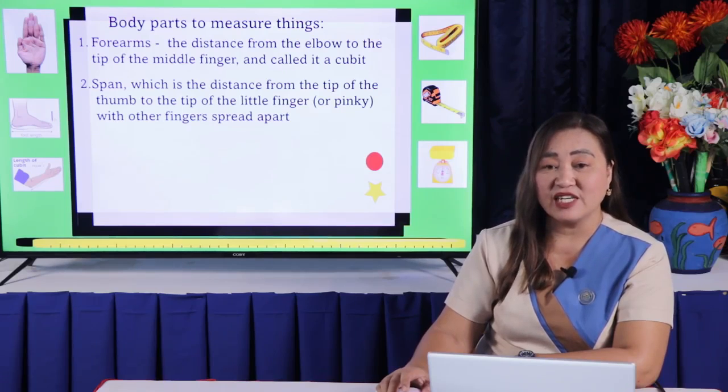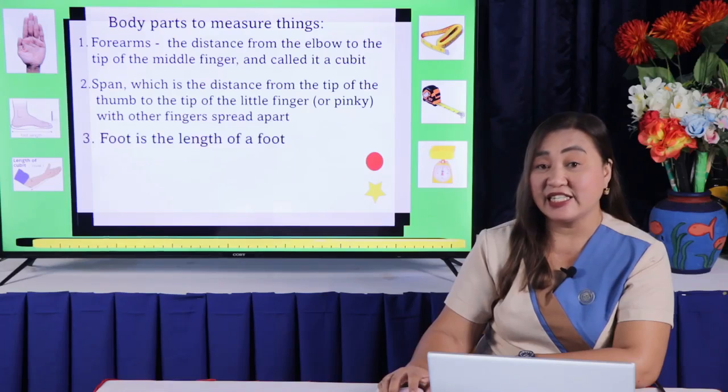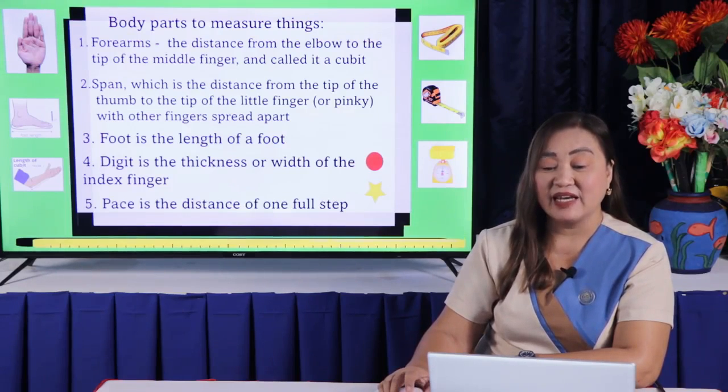The span was considered a half cubit, while the palm, the width of one's hand excluding the thumb, was considered 1/6 of a cubit. A foot is the length of a foot. A digit is the thickness or width of the index finger. A pace is the distance of one full step.